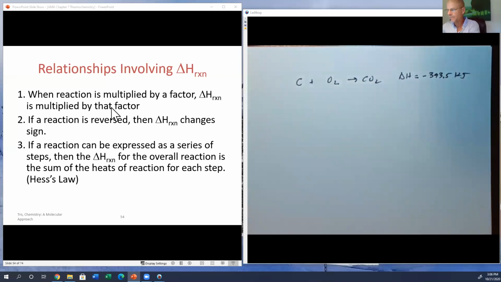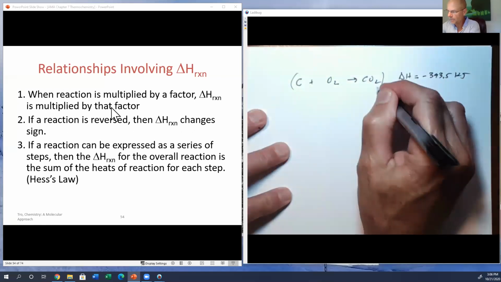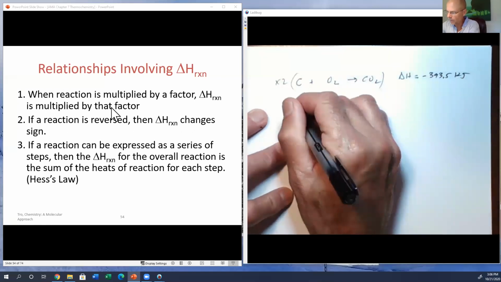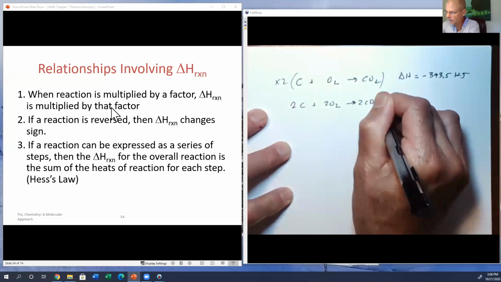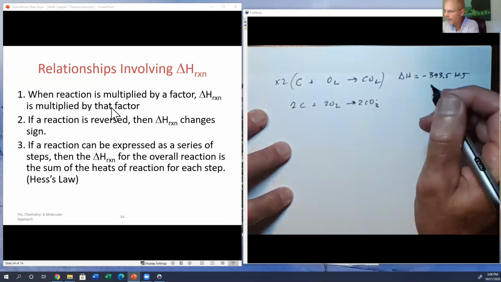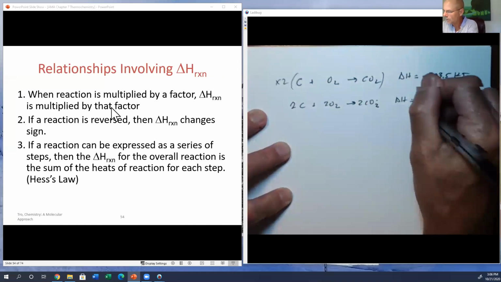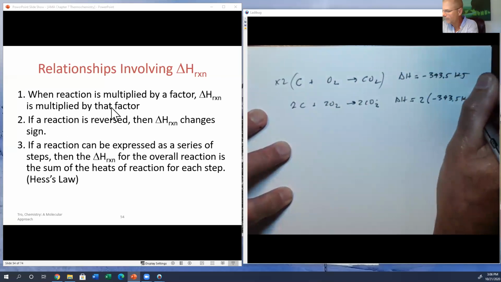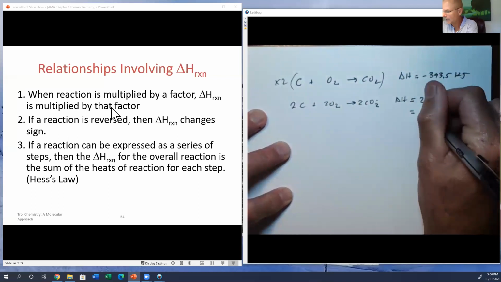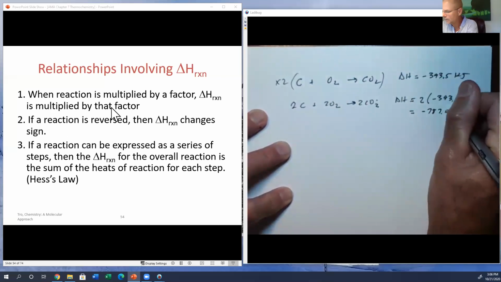So for example, if I multiply this whole thing by 2, so I write 2 C plus 2 O2 goes to 2 CO2, then delta H would equal 2 times negative 393.5 kilojoules, which would equal negative 787.0 kilojoules.